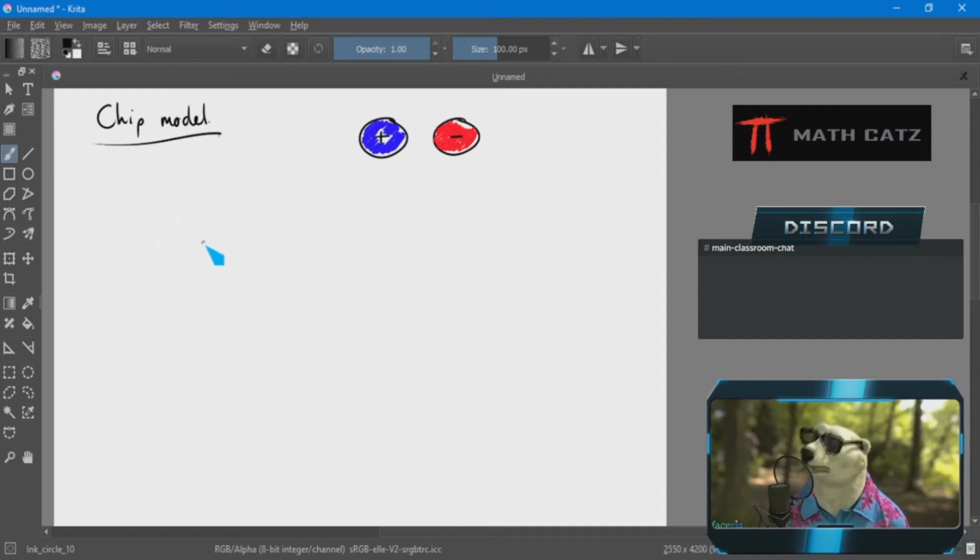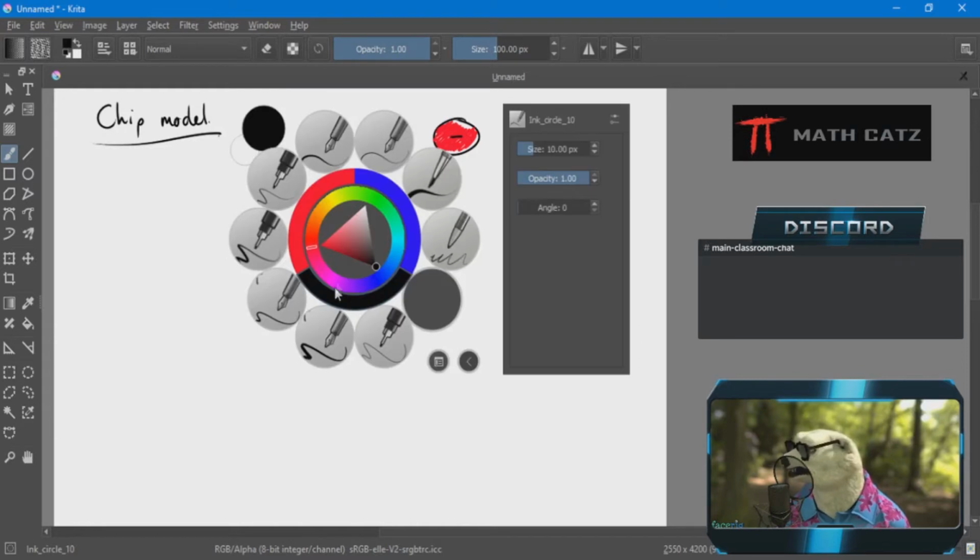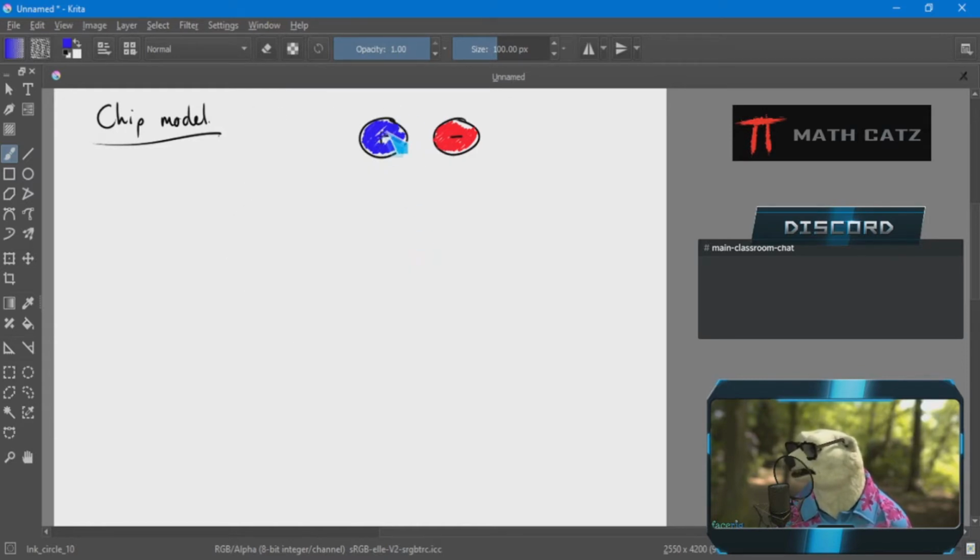So I have to start out, whenever I use the chip model, I have to make it known to myself, to whoever grades a test, to little Timmy, to whatever the situation is, which chips are positive, which chips are negative. They won't necessarily have a plus sign on them. Let's actually get rid of that plus sign.